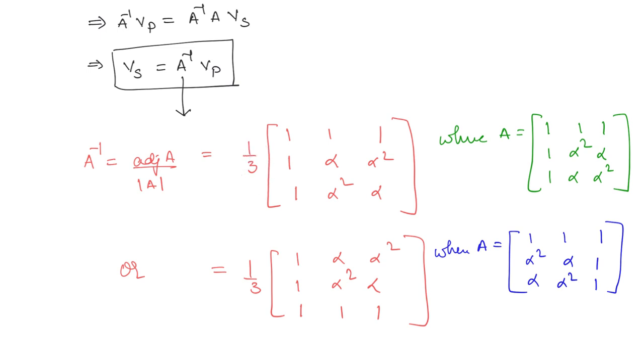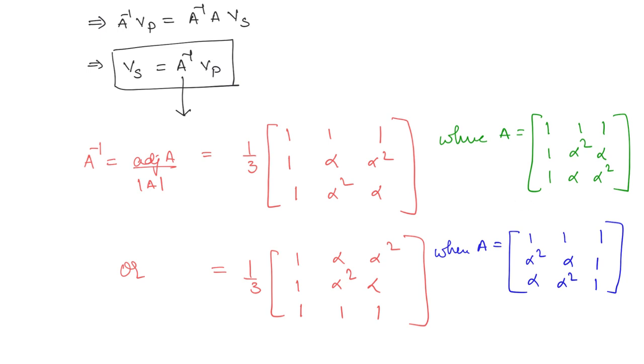But in the second case, the first row is not the same, it is changing. Similarly the second row is also completely changing, right? So it is easier for you to remember the expression for A inverse if you are taking the first notation. If you are taking the other notation, it might get confusing. So I would suggest that you go with the first notation only, and that is why we are going ahead with the first notation only in these lectures.